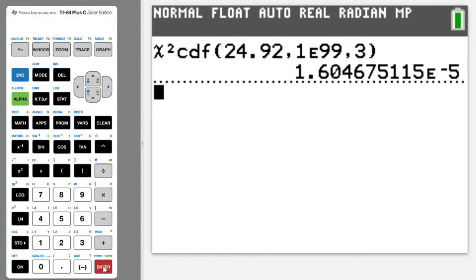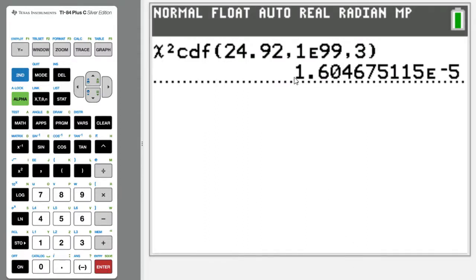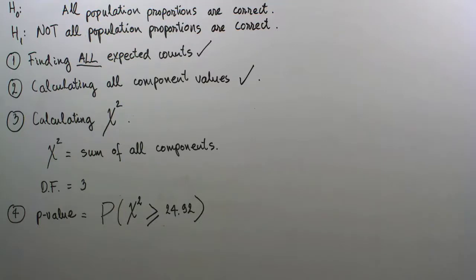Hitting enter gives me a value as follows: 1.604675, and a lot longer, with an E minus 5. This is the value that came right out of the calculator. This answer means our value was 1.604675 and a lot longer, times 10 to the negative 5.